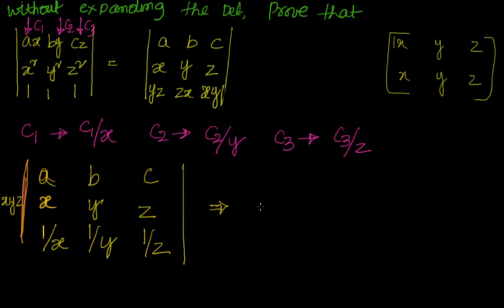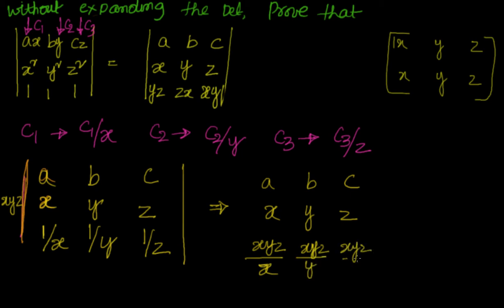Okay. Now what I will do, I will write A, B, C, X, Y, Z. After that, I'll multiply here with X, Y, Z, the third row. It will become XYZ by Y, XYZ by Z. Remember what we have earlier? We have X, Y, Z. Now we are multiplying, so you should divide it again.